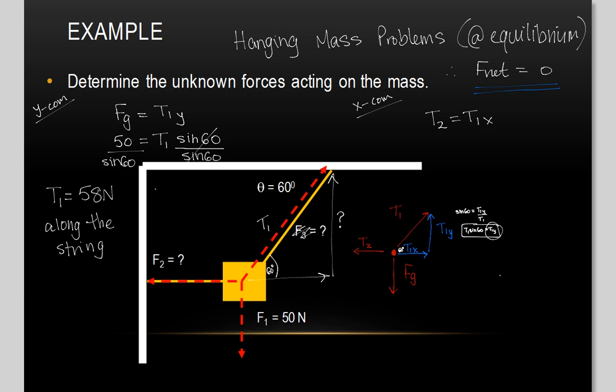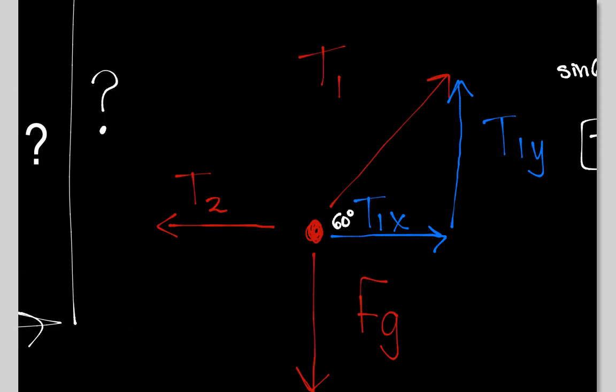Okay, now how are we going to get T2? You got to look at this slide, right? It's balanced by T1x. Okay, T2 and T1x are balanced. You can see here, T2 points to the left, T1x points to the right. So just like we got T1y using sine, how could we get T1x?